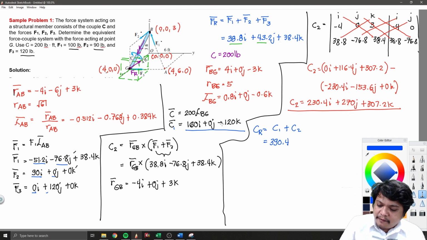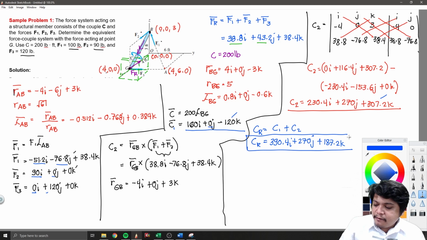And then, you will be having here 0j plus 270 of j. Okay, lastly, negative 120 for this term. And then, i-add natin na 307.2. So, that is plus 187.2 of k. This is now your resultant CR. And this is now your resultant force FR.